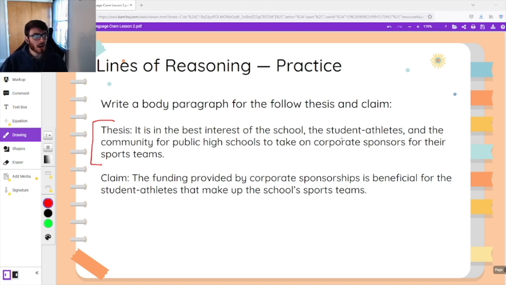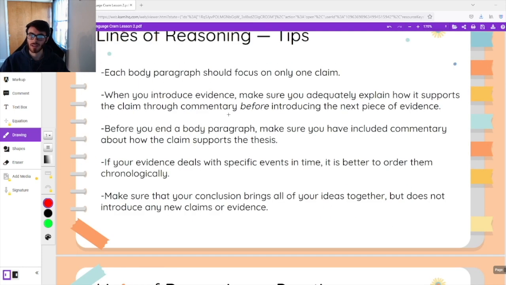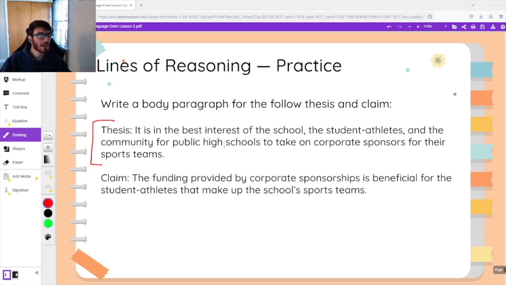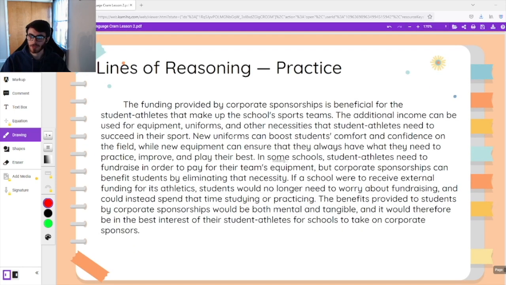And you want to make sure it presents these ideas in a logical manner that represents a coherent line of reasoning, following the tips we talked about earlier. If you've done all those things, you should be good. If it meets all those requirements, you probably have a really strong body paragraph. So let's look at my example.